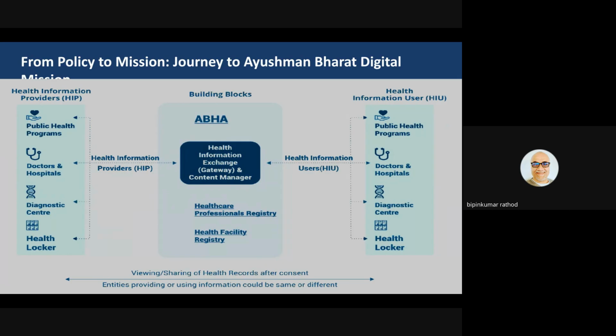First, on the left side, you see the Health Information Provider, HIP. The providers are those who create, edit, and delete the health information. Who are they? Public health programs, doctors, hospitals, diagnostic centers, and health lockers.